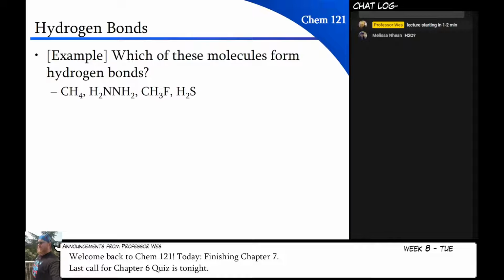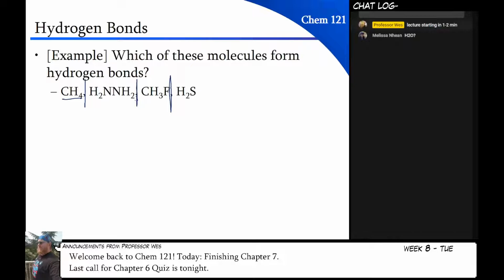So draw one of these molecules, then draw a second one. Can you hydrogen bond in any possible way? I'm going to just put a little bar between these. You should immediately be able to eliminate at least half of these by saying, oh, I cannot form a hydrogen bond with these, and then say why or why not. And we'll go over the answer in a second.